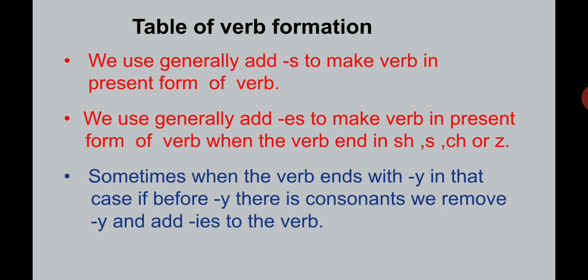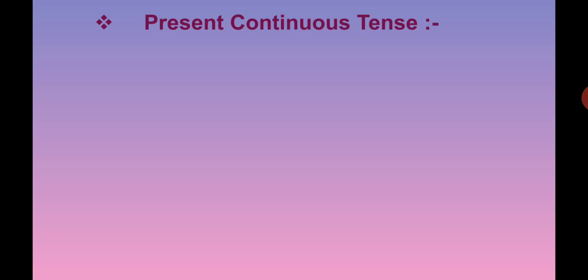And if the verb ends with Y, and before Y there is a consonant, we remove Y and add IES to the verb. This is the information which we learnt in our previous lecture. This is all about the simple present tense.